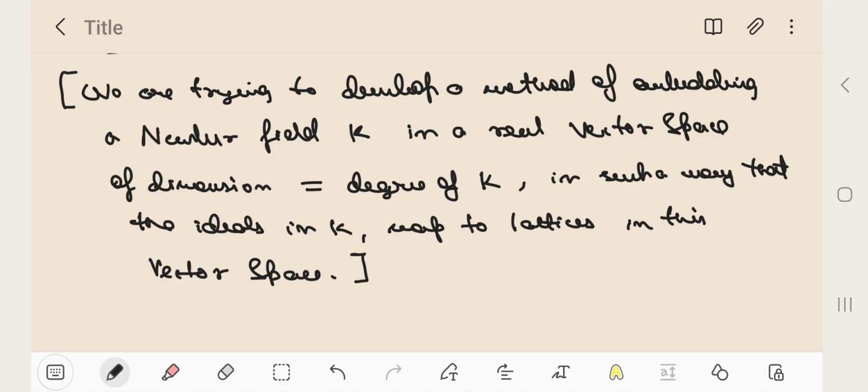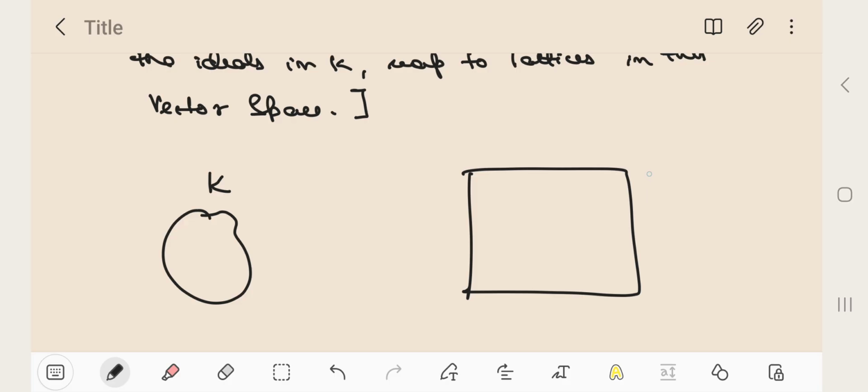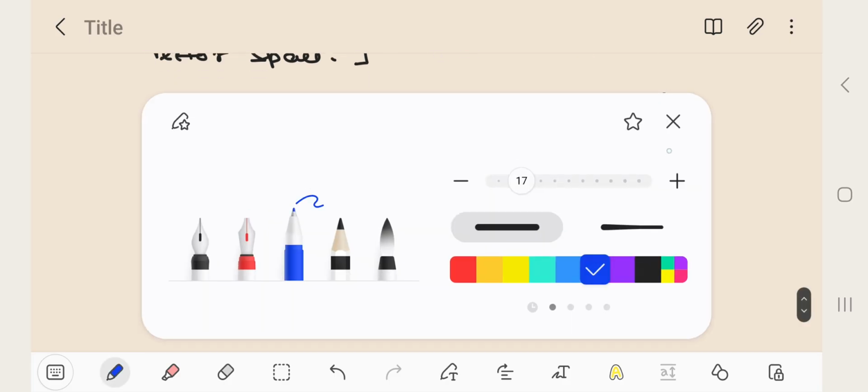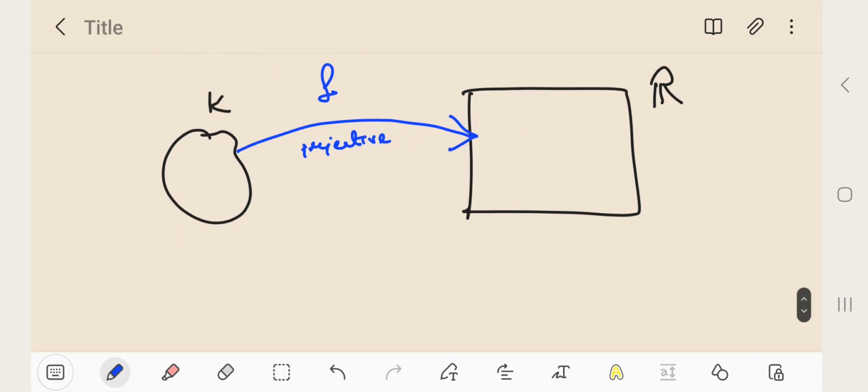In simple sense, what I mean to say is that if I have this to be k, and if I have this to be my real vector space, then I will get an injective map f from k to this real vector space. Say f is injective, which would make k isomorphic to its image under f.